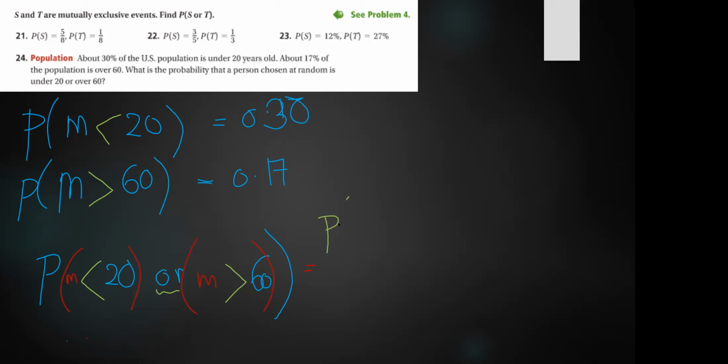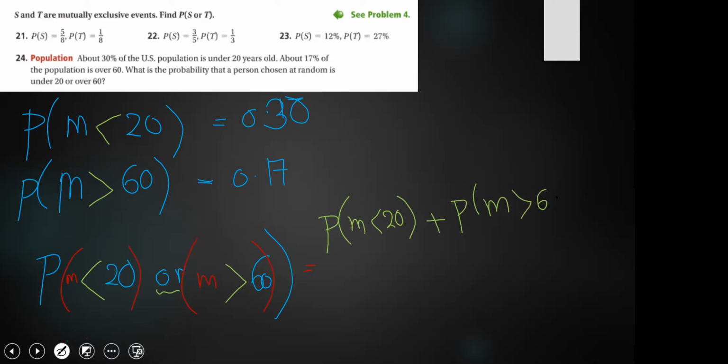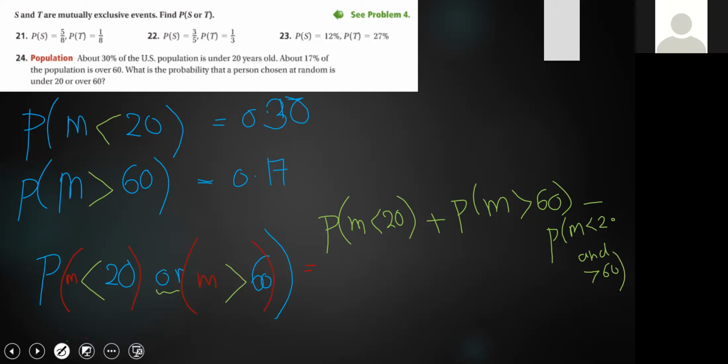It is the probability of a man less than 20 plus the probability of a man greater than 60 minus the probability of a man less than 20 and greater than 60.